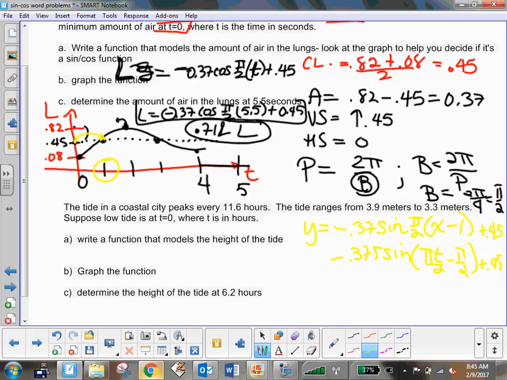If we let t still be 5.5 seconds, you should get the same answer. So plug it in and see. Pi over 2 times 5.5 minus pi over 2, enter. Take the sine of that, multiply that answer by negative 0.375, get an answer, and add 0.45 to it. You still should get 0.712 liters.